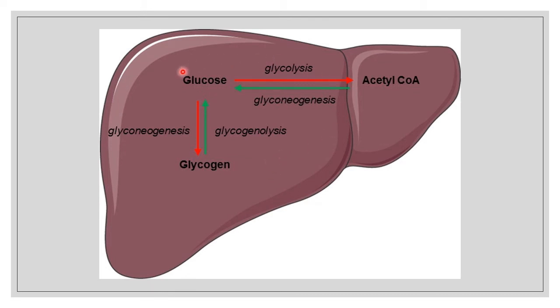So this diagram here represents the regulation of the glucose metabolism by glucagon in the liver. So in this diagram, we have here our glucose, acetyl coenzyme A, and our glycogen.